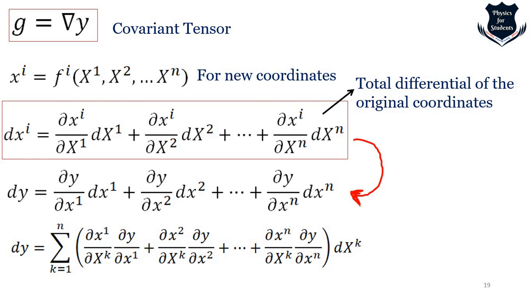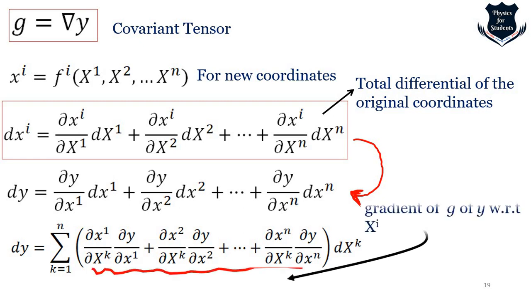Right, so we use the sigma notation. The components of the gradient of g with respect to the coordinates x superscript i are given by the quantities in parentheses, that means within the braces.